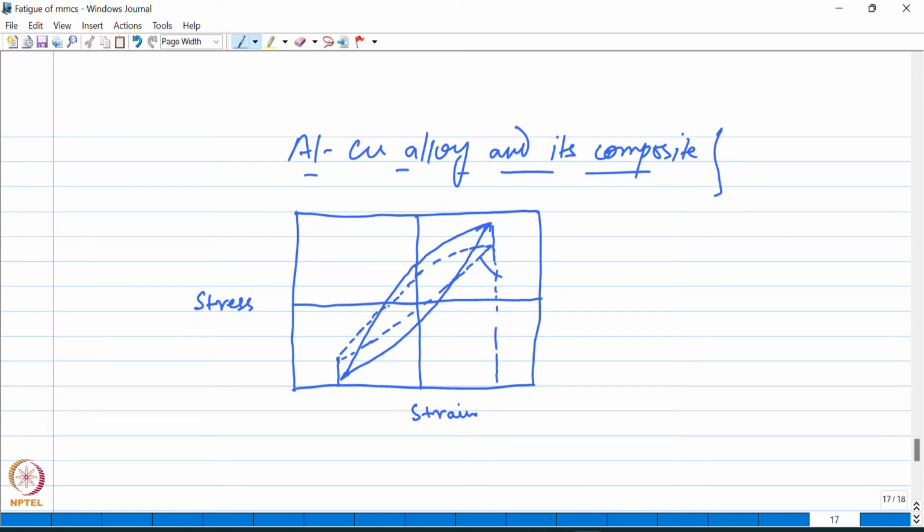So this dotted one is for the unreinforced alloy and the solid curve is for the composite. And the total strain is this one.